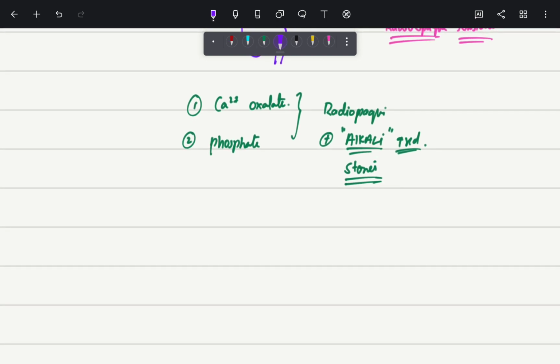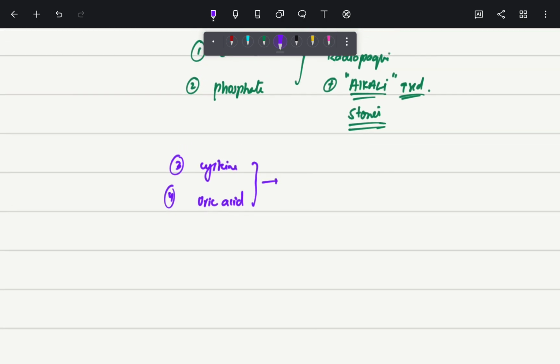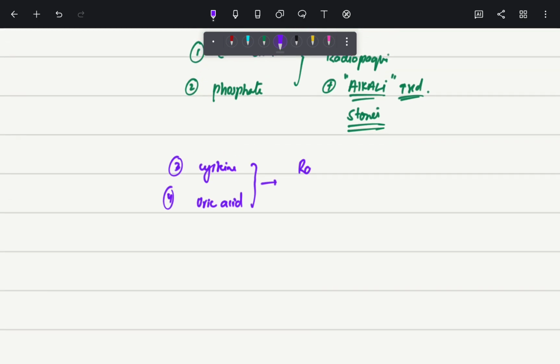On the other hand, we have the cystine and uric acid stones, and these stones are usually radiolucent. What is meant by radiolucent?